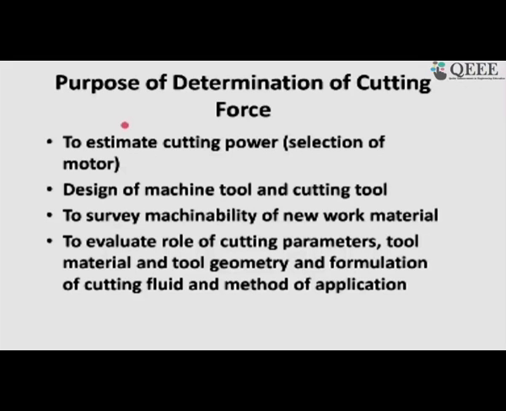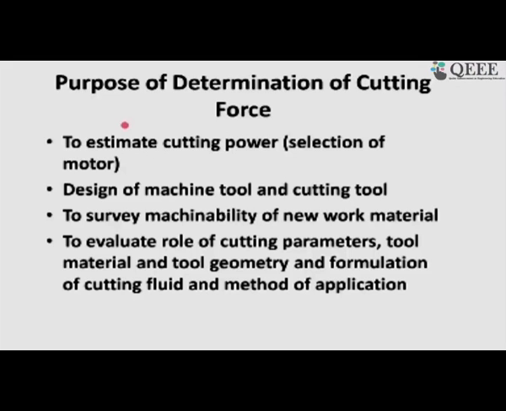Then comes the choice of tool material and tool geometry. We can understand that these are also going to influence the cutting force, particularly friction at the chip-tool interface or the work-flank interface. The cutting force generation is influenced by the rake angle, other geometrical features, and then friction definitely at the chip-tool interface, that matters.